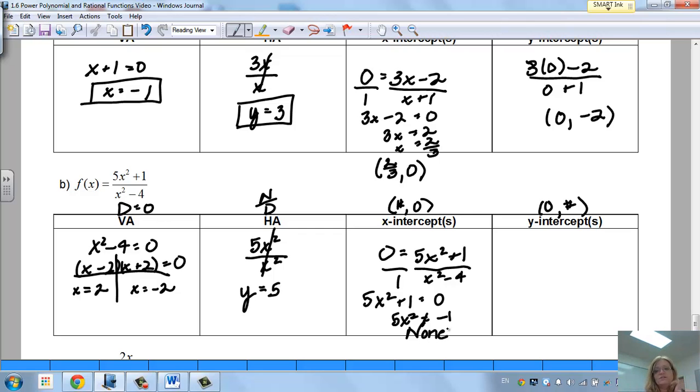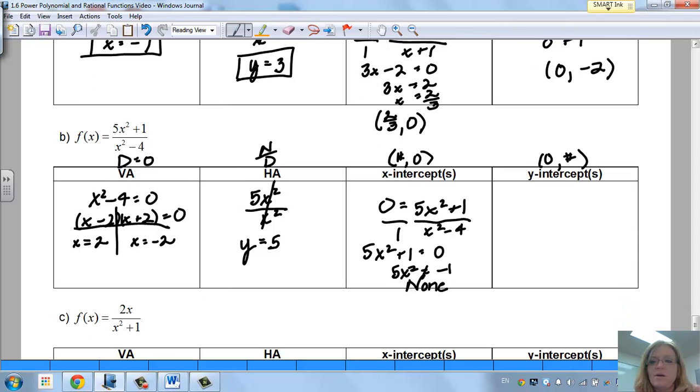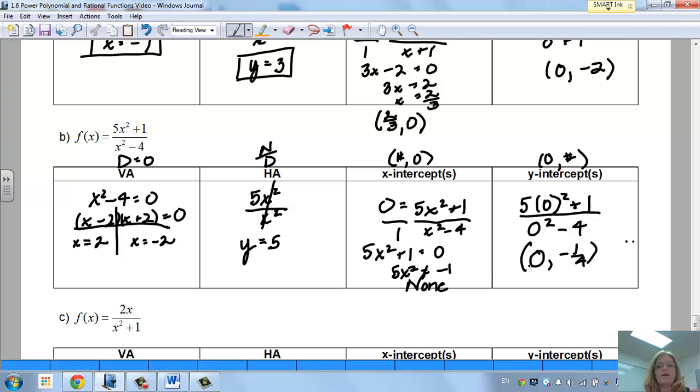It might not cross the x-axis at all. And the y-intercept here. Y-intercept is 0, a number, so I put 0 in for x's, so I have 5 times 0 squared plus 1 all over 0 squared minus 4. So I have a negative 1/4, so my point is 0, negative 1/4. That's where it does cross the y-axis.